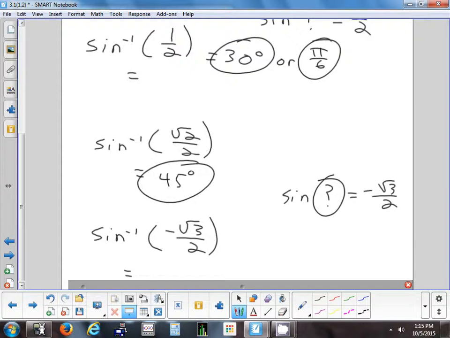How about someone, you guys are doing great. Just ask a couple different people here. How about, yeah, Amanda? Negative 60. Yeah, it's going to be negative 60. Right, if you go on the back, go down the sine column till you see this number. It's right at negative 60. Right, so any questions on how to do that for sine? That's all there is to it.